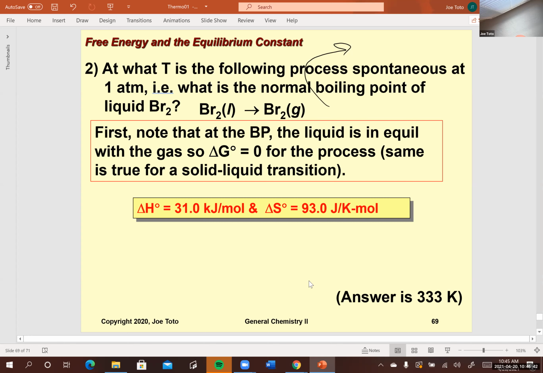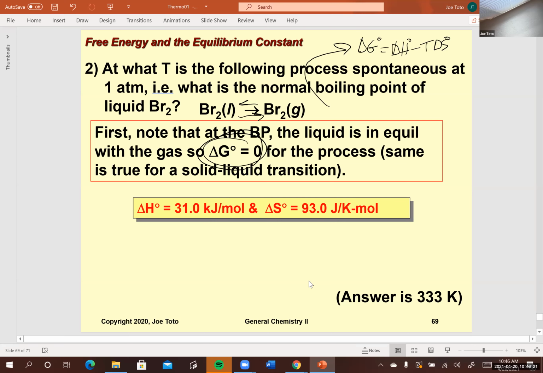So we can apply our Gibbs-Helmholtz equation for this one. And know that under this situation, there's going to be an equilibrium between the reactants and products, because that's what happens at a transition temperature, such as boiling of a liquid or a melting of a solid. We know that delta G is 0 because there's an equilibrium there.